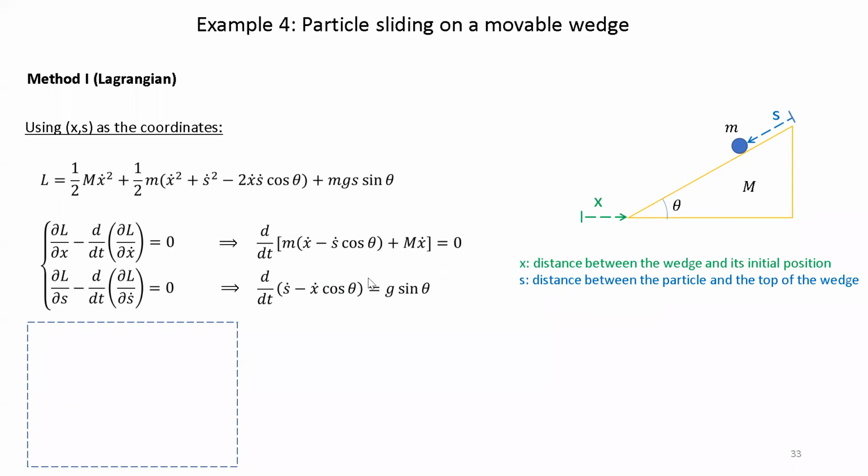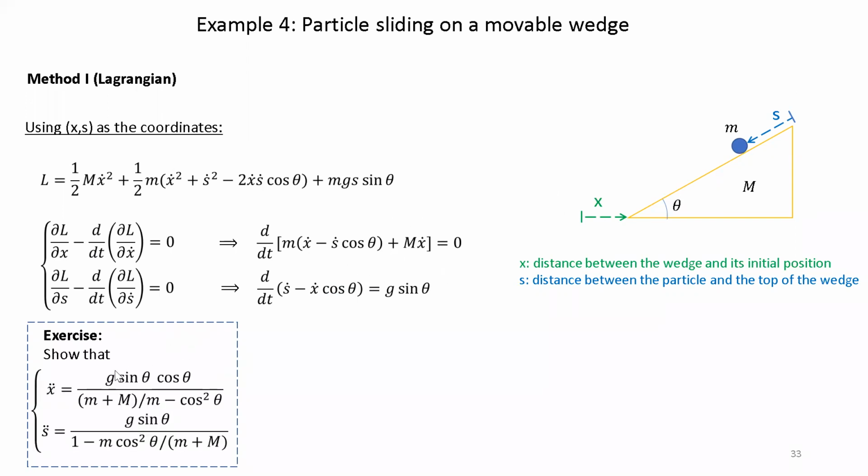These are two equations, two unknowns. You can also try by yourself to verify that x double dot is given by this, and s double dot is given by this.